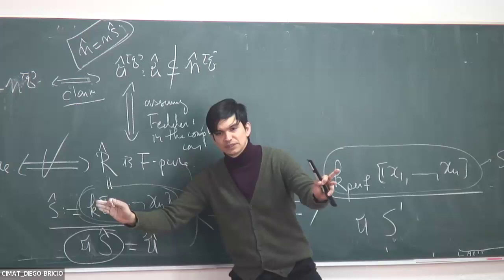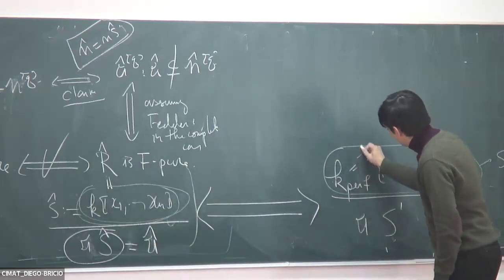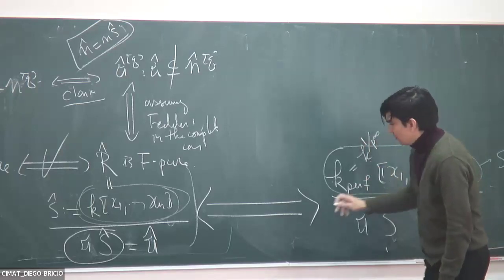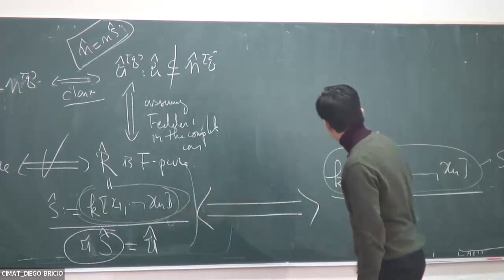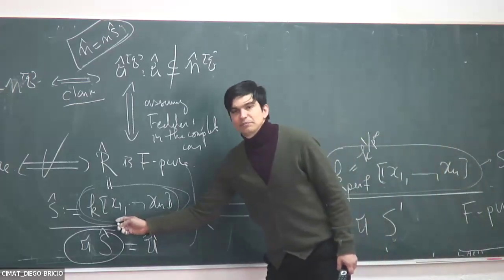It's perfect. And this ring is just adding all possible p-th roots in this field. So this thing is pure if and only if that one is pure.